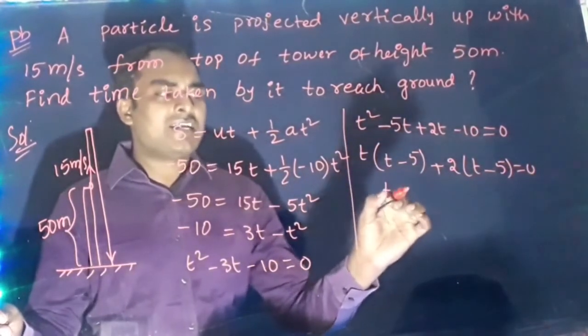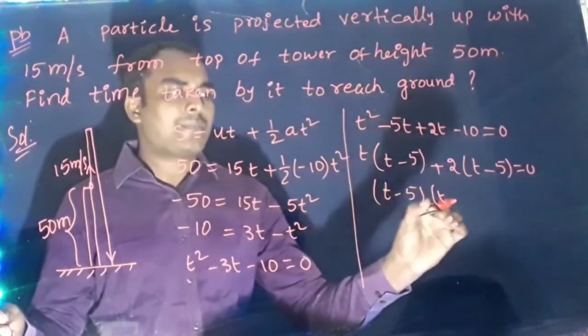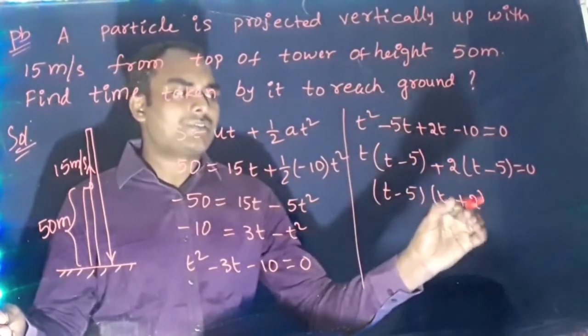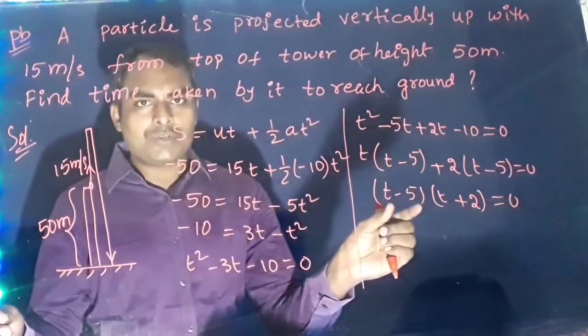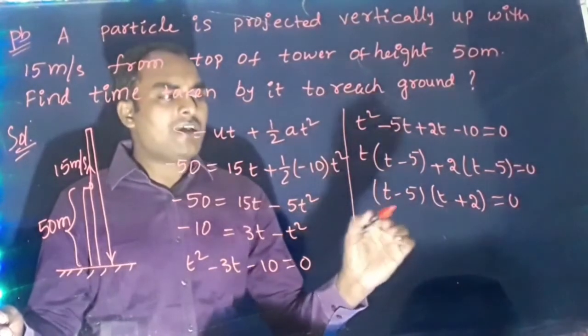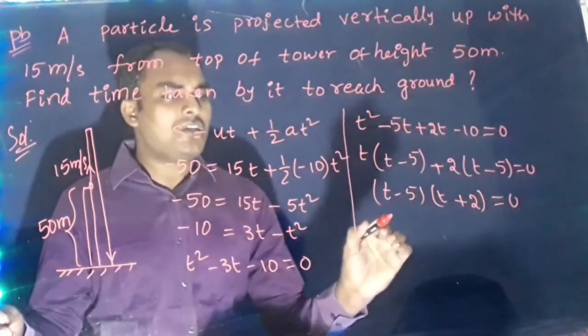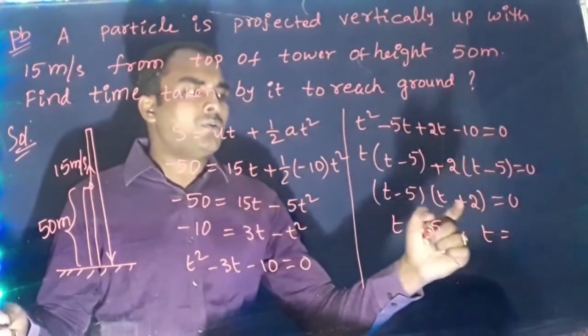Let us take t minus 5 common, then here t is left, plus here 2 is left, equal to 0. So it should be 0 means either this term should be 0 or this term should be 0. So if t minus 5 is 0, then t should be equal to 5, or t equal to minus 2.